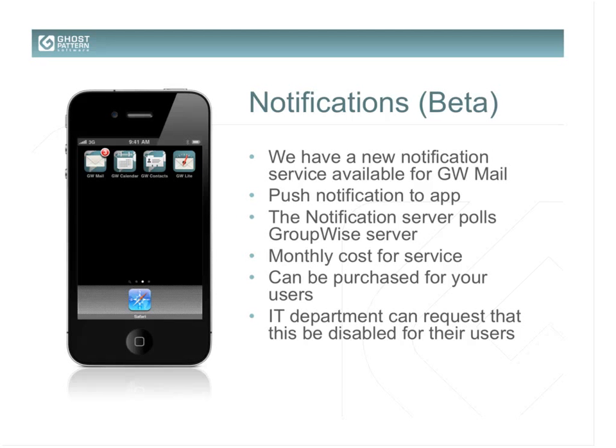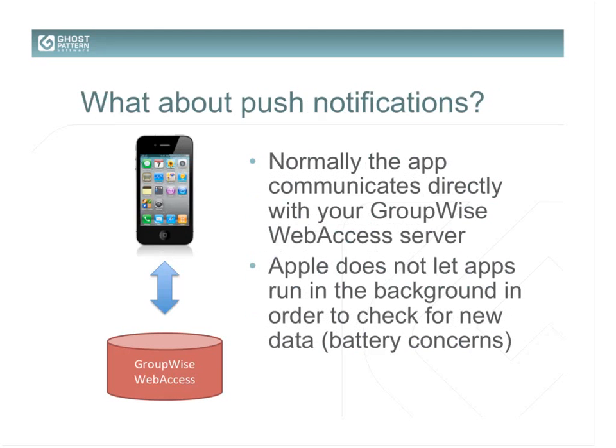Because there is a server service involved, this service does cost a nominal amount. We have it set up to be $1 a month, with 1 free month included for anybody as you're trying it out.